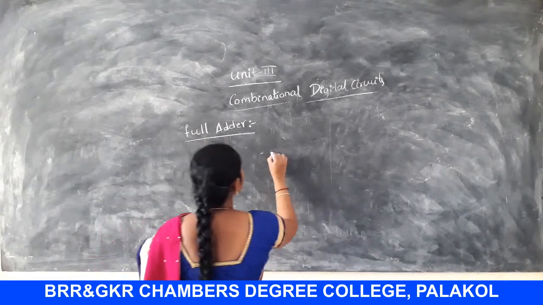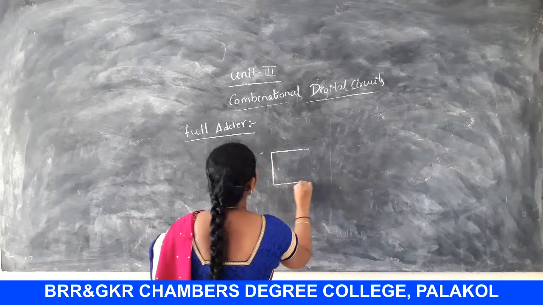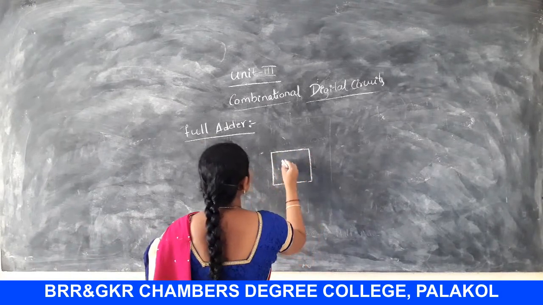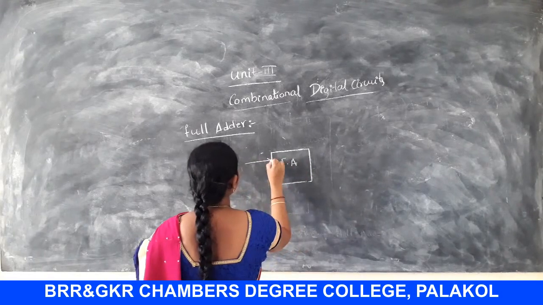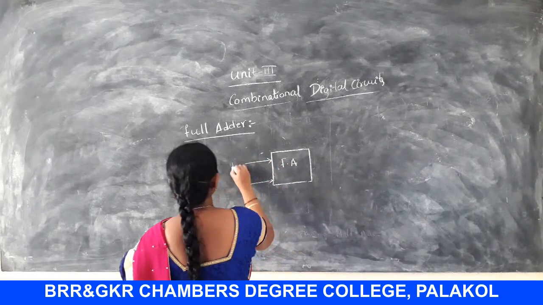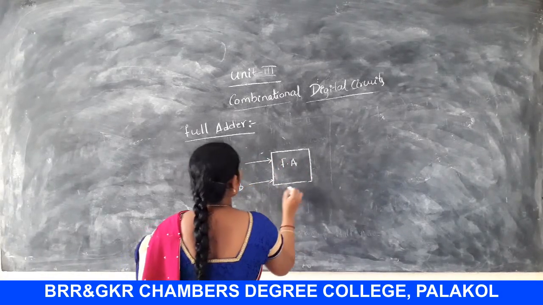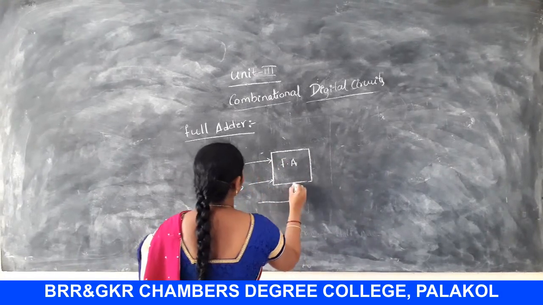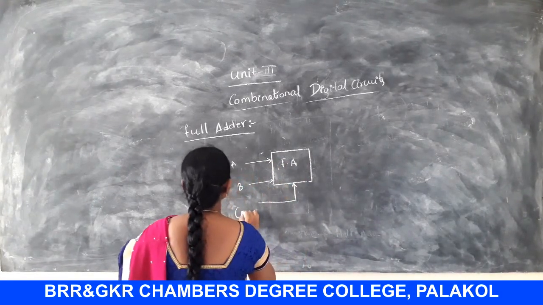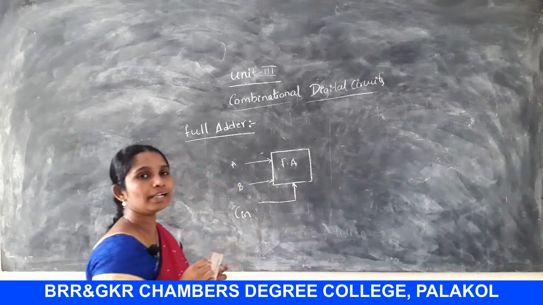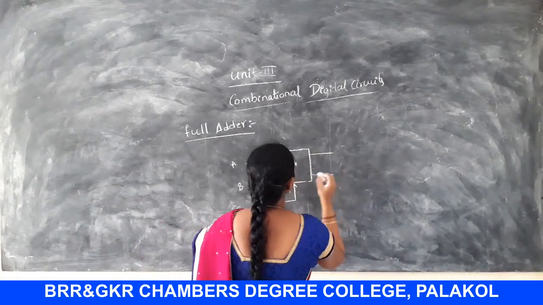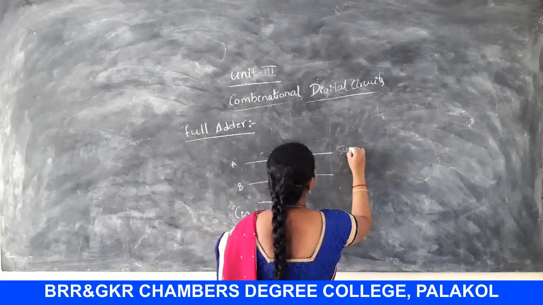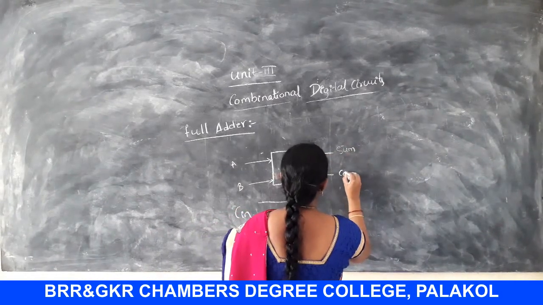Therefore the block diagram of this full adder is, so this is a full adder. We apply A and B, and the third input is Cin. Cin is nothing but carry in. It produces 2 outputs. One is sum and another one is carry.